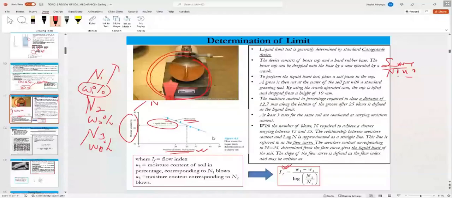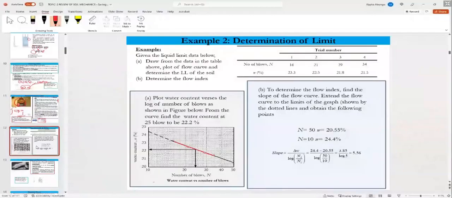And that could be determined from any two points, the water content and the number of blows at those two points that you've taken gives you the flow index of that soil. Now, you could get an example here, and then you calculate the flow index of that soil. Okay.